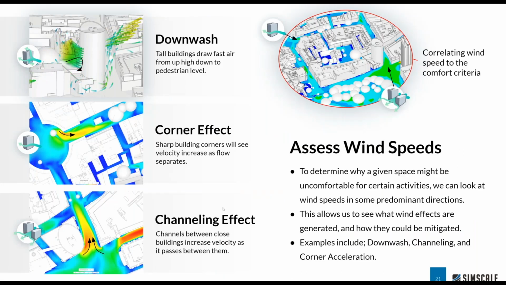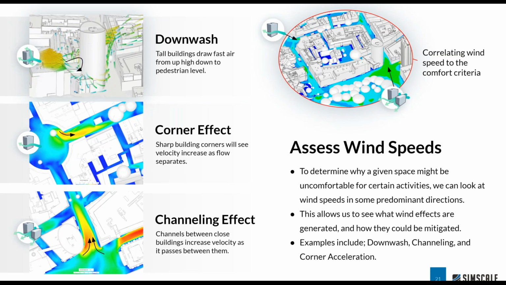And finally, we've understood how to read the statistical surfaces, but what's also important from this simulation type is to understand the relationship between the comfort and the velocity results, and how we could mitigate some of these poor comfort areas. So we've got a list of 3 different things that we're looking for in these velocity results. The first thing is downwash, where higher speed velocity from further up in the atmospheric boundary layer can be washed down onto pedestrian level.